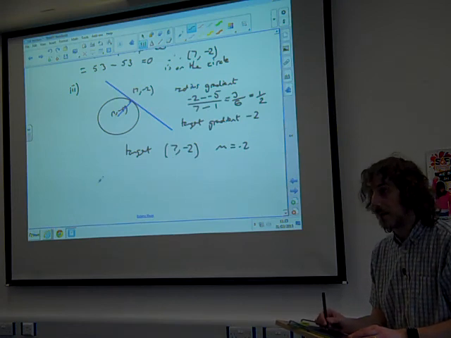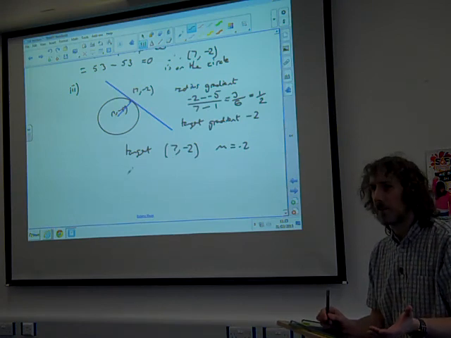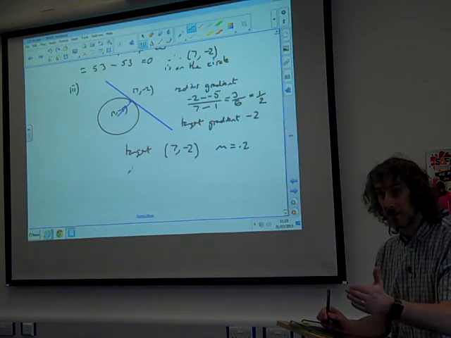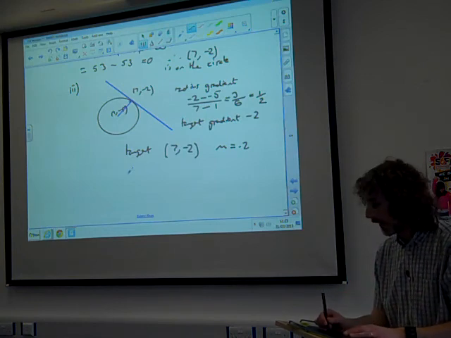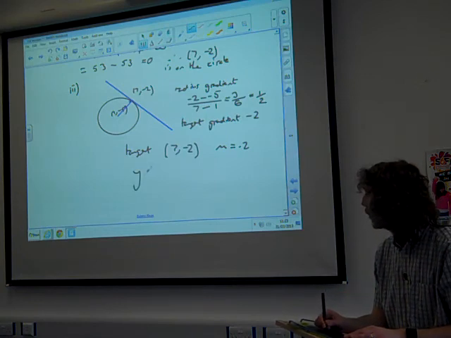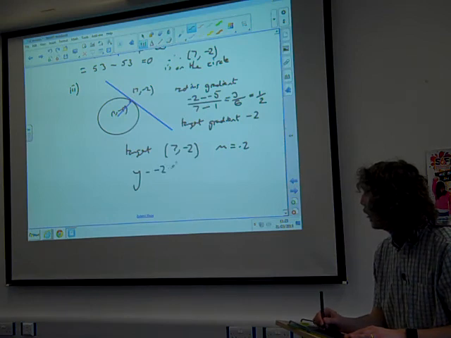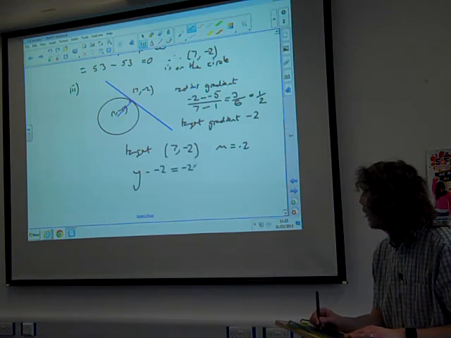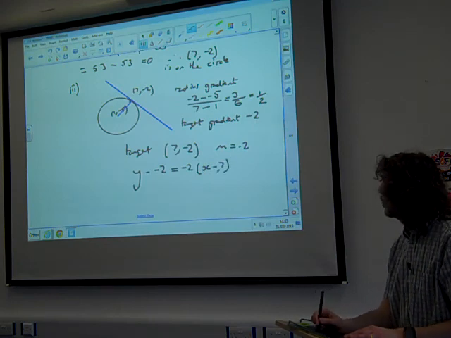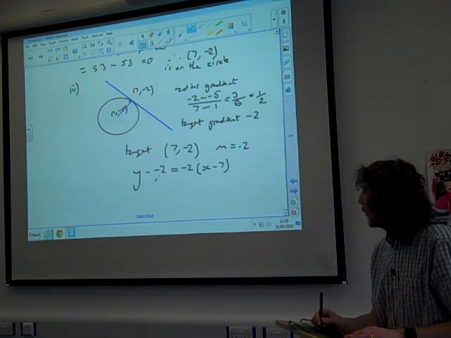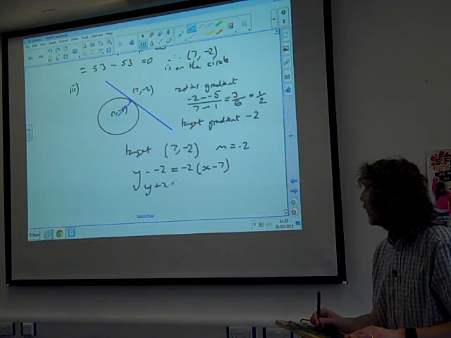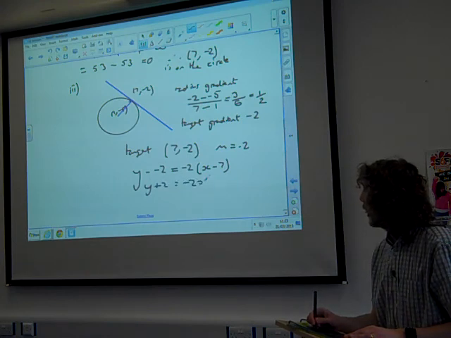And so this is where I get to use, we didn't do it in the straight line graphs question, did we? But we promised that that equation, you can expect it to come up on almost every module. y minus y1 is m times x minus x1. There we go. And so we get y plus 2 is minus 2x plus 14.